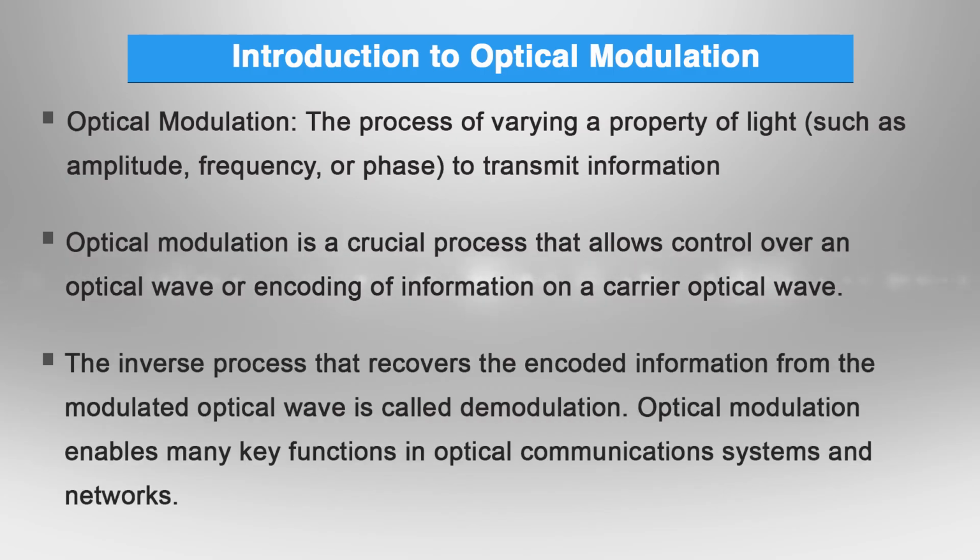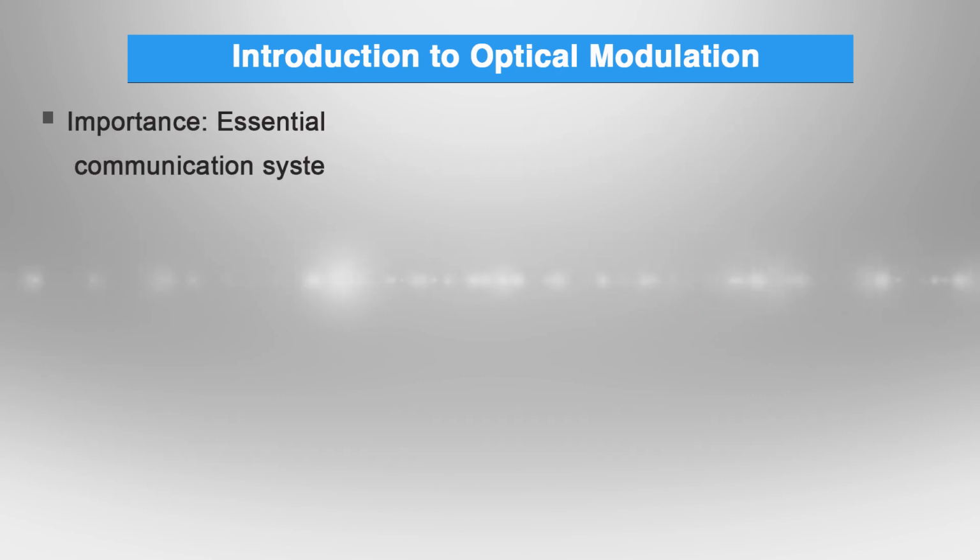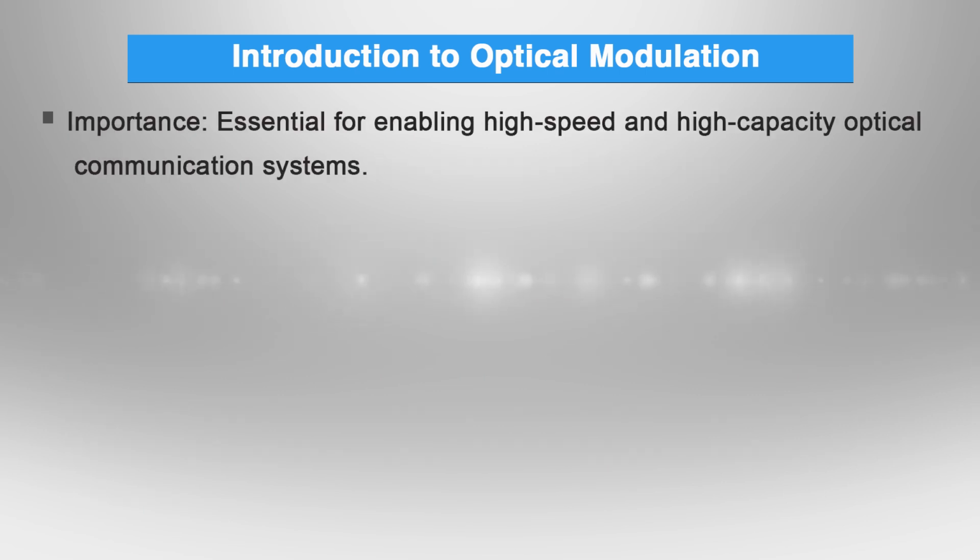The inverse process that recovers the encoded information from the modulated optical wave is called demodulation. Optical modulation enables many key functions in optical communication systems and networks. It is essential for enabling high speed and high capacity optical communication systems.